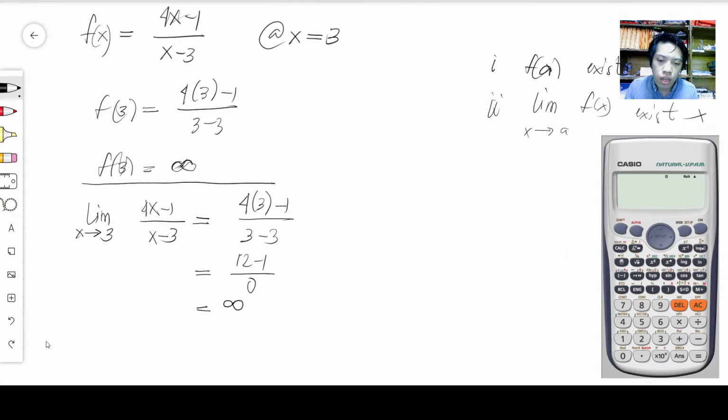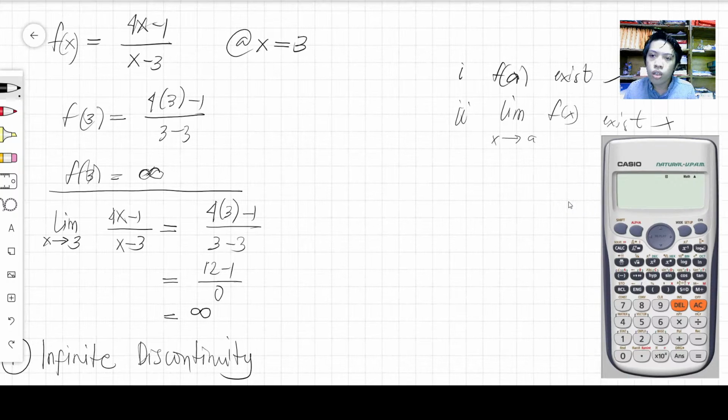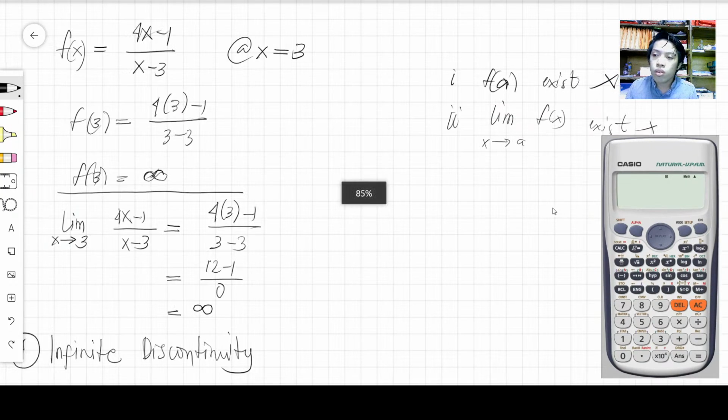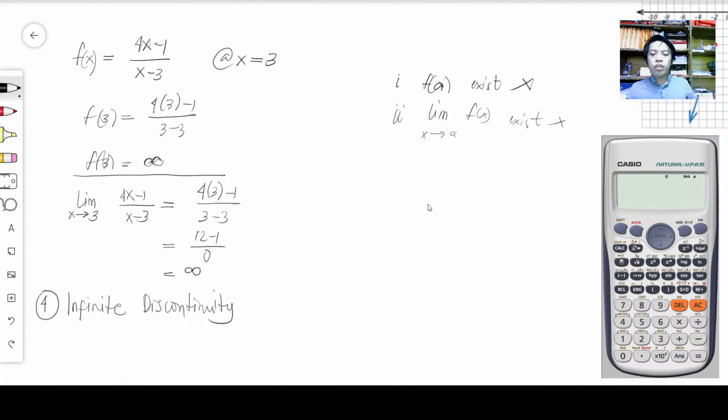Let me explain the infinite discontinuity. This is number 4. Another type of discontinuity is what we call the infinite discontinuity. What is this infinite discontinuity?